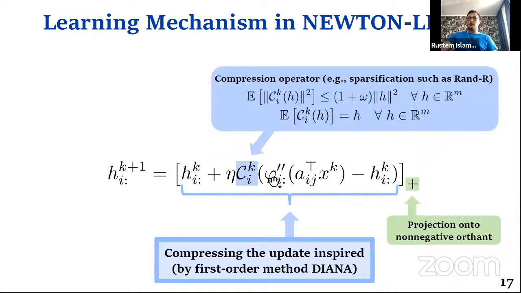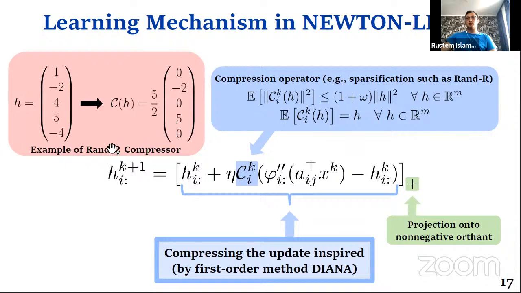And here we use a compression operator. We use an unbiased compression operator. The definition is given on the slide. The simplest example of such compression operators is random sparsification, or just Rand-K. So let's look at how the Rand-2 compressor works.